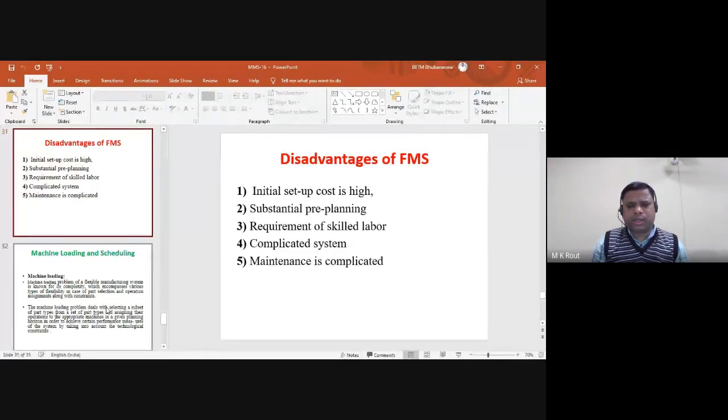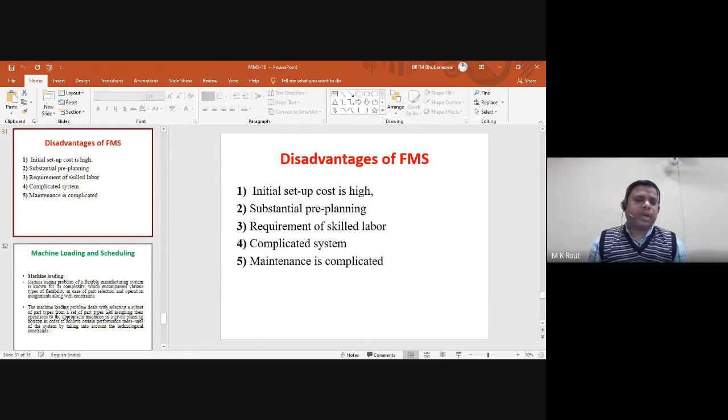It is complicated in operation, in performing multiple tasks on a variety of jobs. Then maintenance is very complicated. Why is maintenance so complicated? Starting from the hardware, then software, then workstations, then the automated storage and retrieval system, because it consists of racks, loading and unloading.